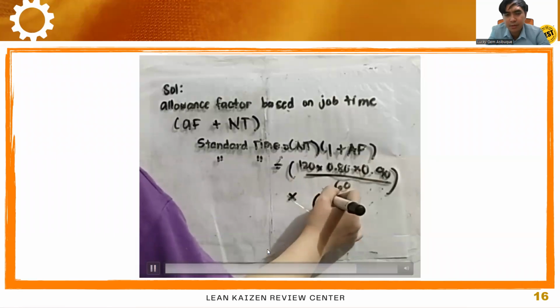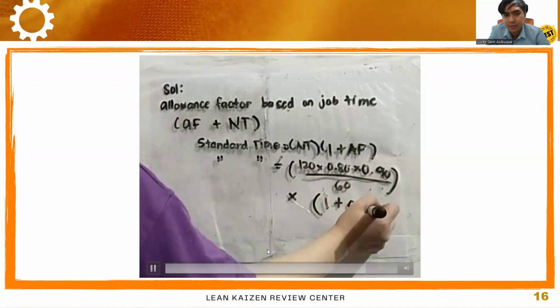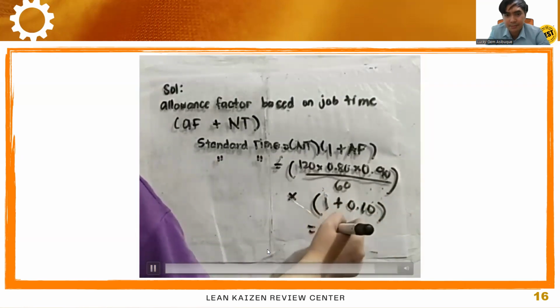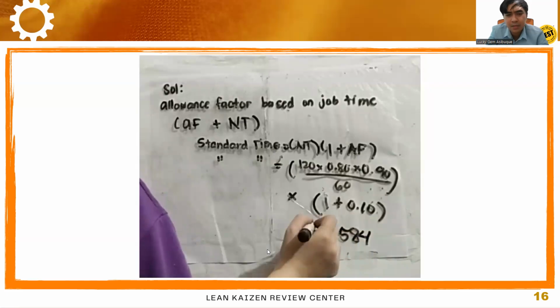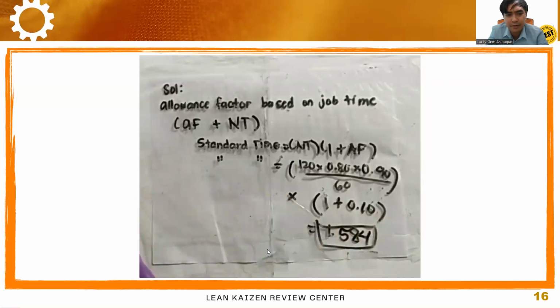Then we should multiply this with 1 plus the allowance factor. What's the allowance factor? 0.10, because it is 10%. So the standard time is equal to 1.584.